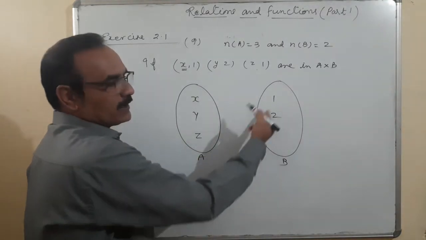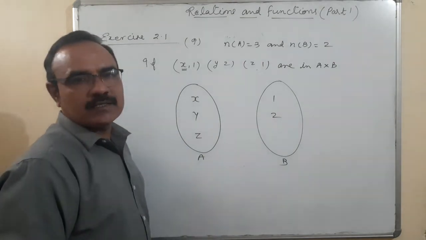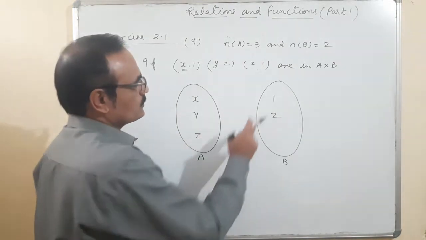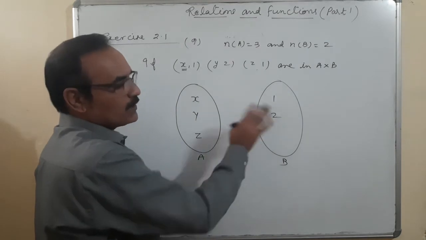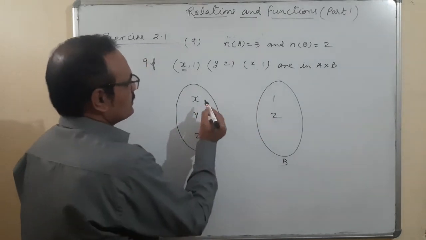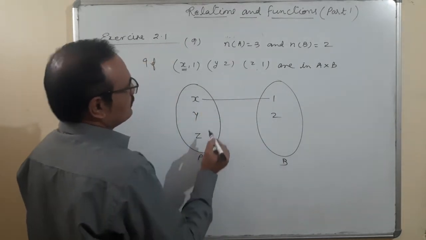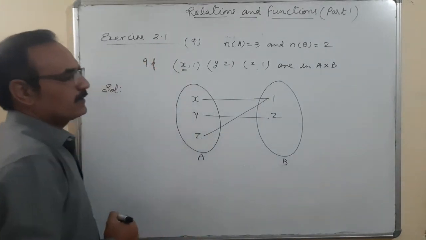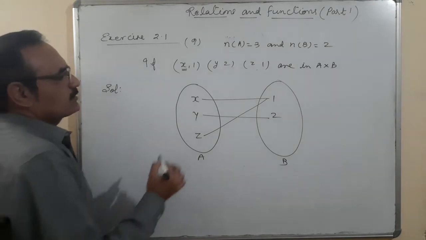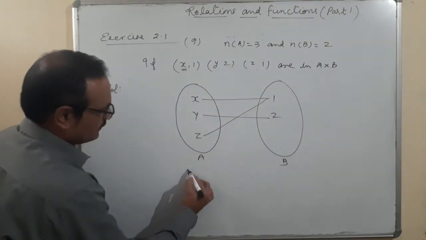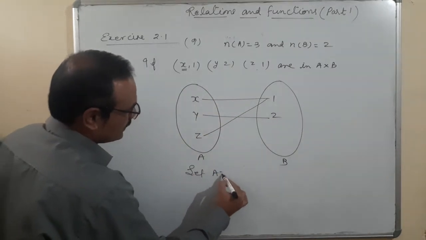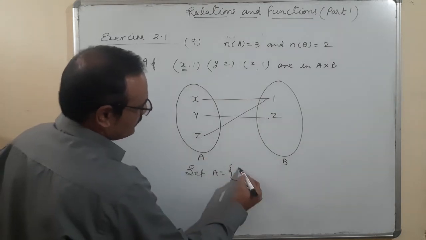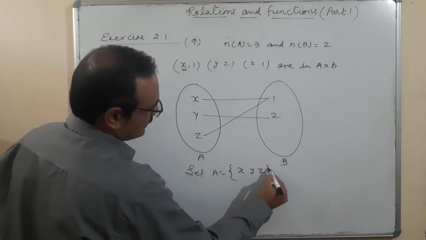Because you know the definition of a set, in a set you cannot repeat any element. So 1, 2 and 1 you cannot write here, 1, 2 only. So the ordered pairs are (x,1), (y,2) and (z,1). So that means set A has 3 elements, x, y, z.